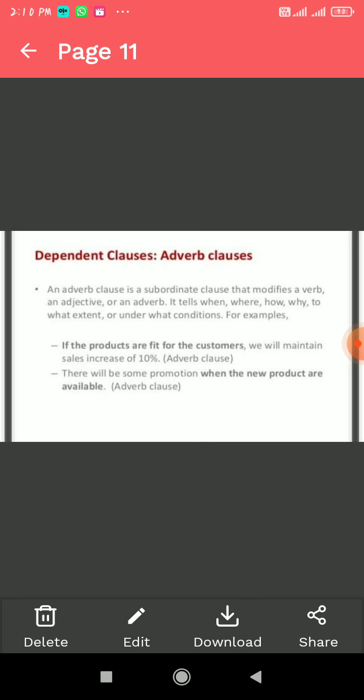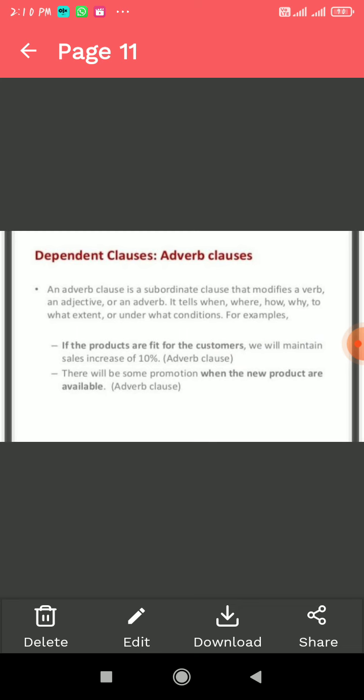Another dependent clause is the adverb clause. An adverb clause is a subordinate clause that modifies a verb, an adjective or an adverb. It tells when, where, how, why, to what extent or under what condition. For example, if the products are fit for the customer, we will maintain sales increase of 10%.